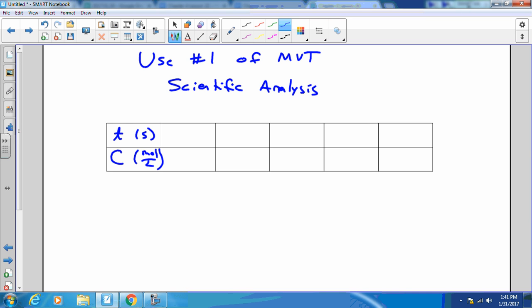So suppose I carry out an experiment. And in my experiment, I'm going to measure the concentration of a compound in moles per liter as a function of time in seconds.